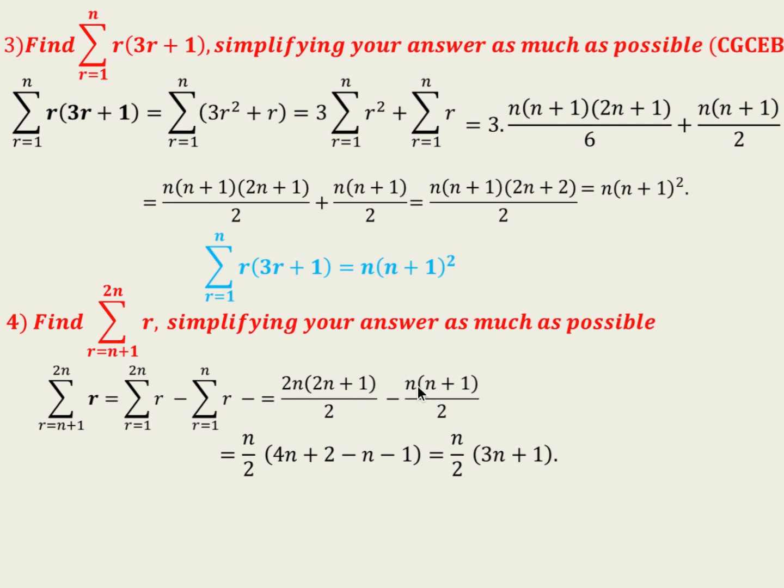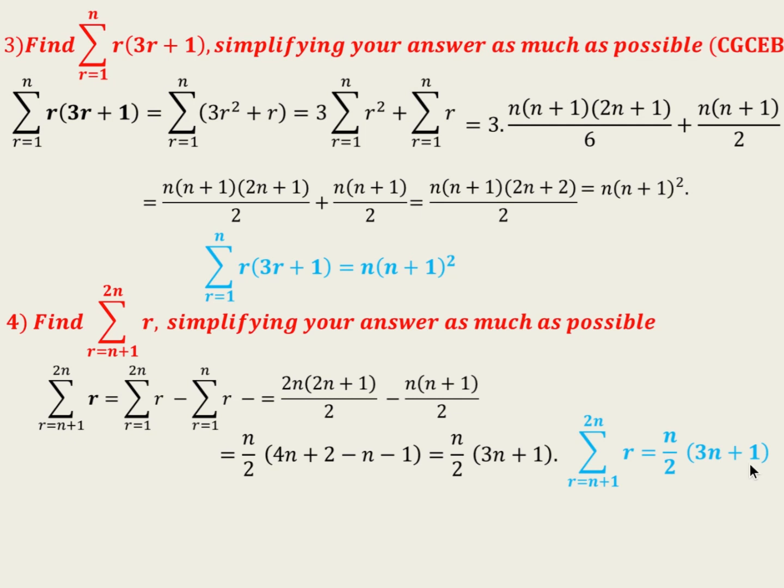And when you divide this other term by n over 2, you get negative of n plus 1, which gives negative n minus 1. When you simplify further, you get 2n minus n, which gives 3n, and then 2 minus 1 gives 1. So finally, we get summation from r equals n plus 1 to 2n of r as n over 2 into 3n plus 1.